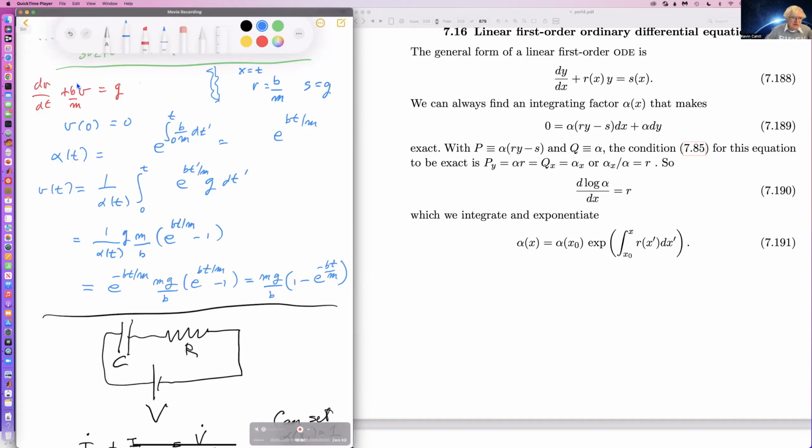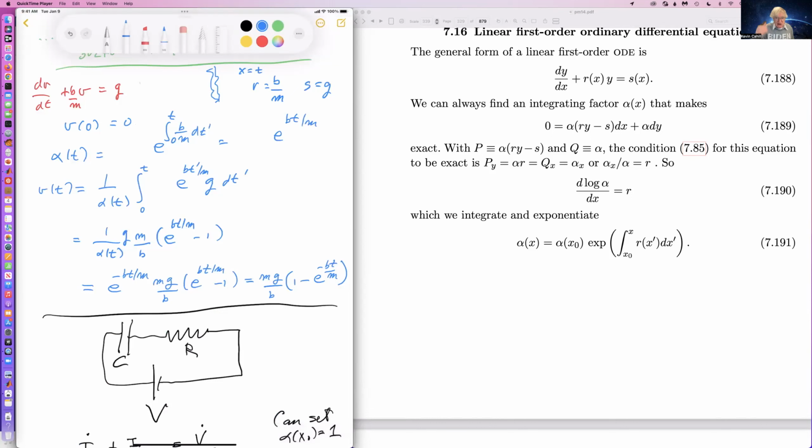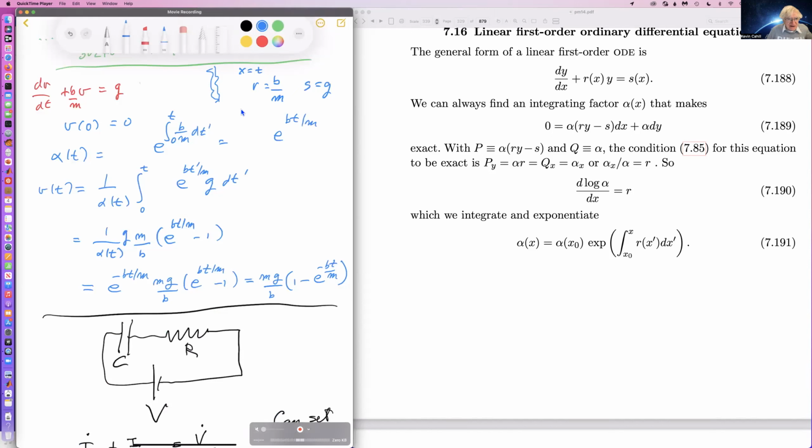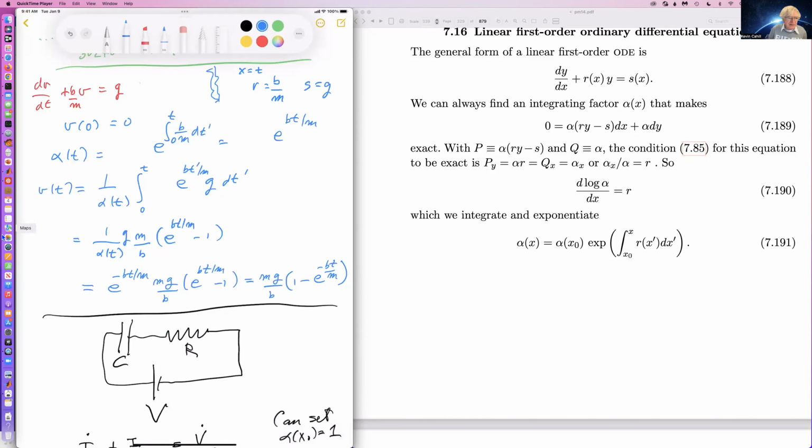So in other words, I said v of 0 equals 0 because I was thinking of something being simply dropped. So a falling body starts at speed 0 when it's being dropped. And the coefficient of v is called r, and the inhomogeneous term is called s.